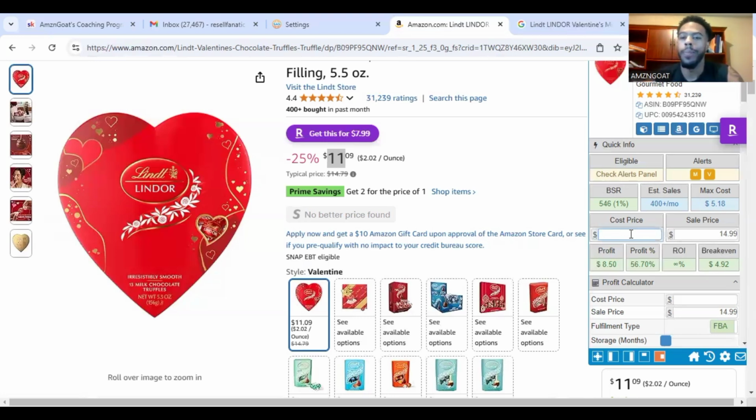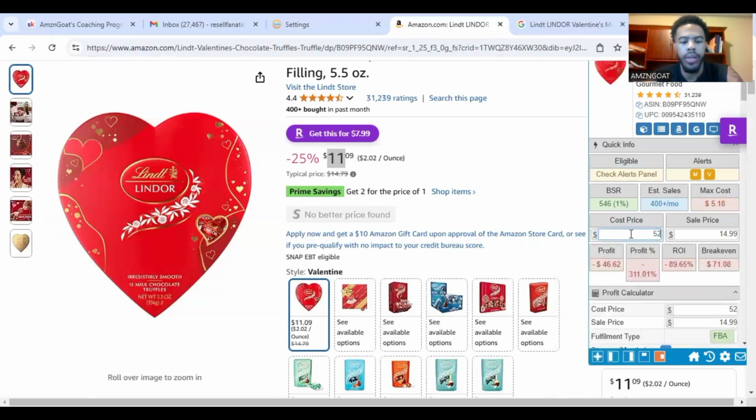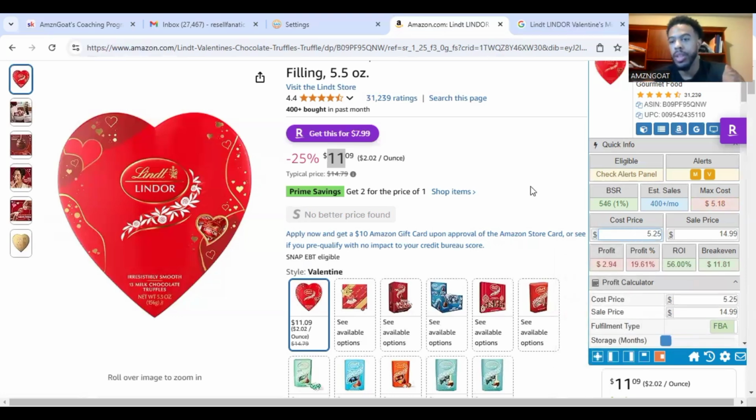But let's say that we were getting this product on the website that we were looking at, and it said 525, right? So, 525, bam, $5.25, right? This cost price is more than the max cost, right? The max cost is $5.18.